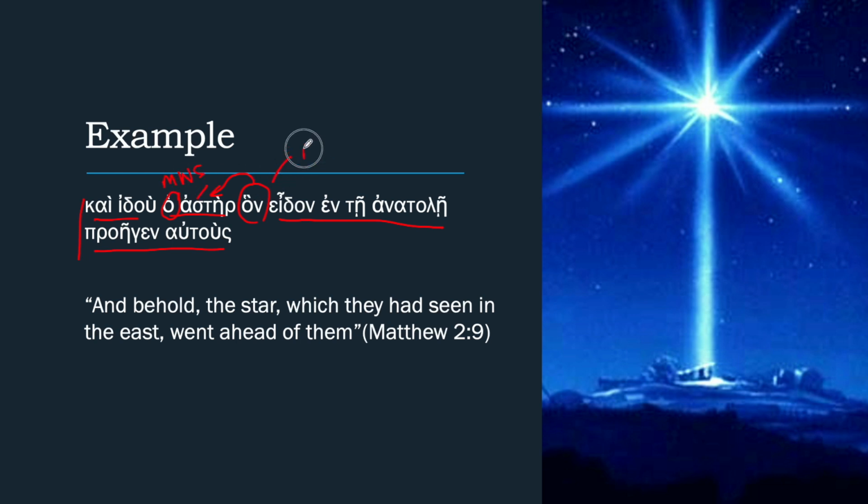This relative pronoun is masculine, it's singular, but it's accusative because it is acting as the direct object of the verb. So see there, the gender and the number are the same, but the case use is different because it's acting as the direct object of this verb. The star which they saw in the east went ahead of them.